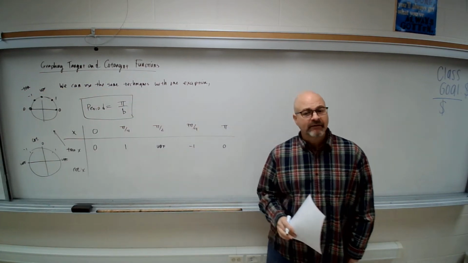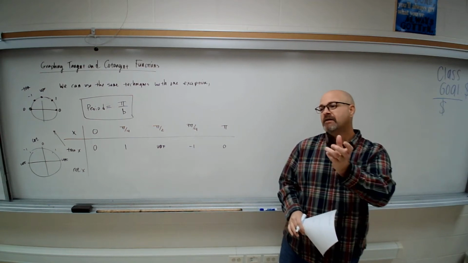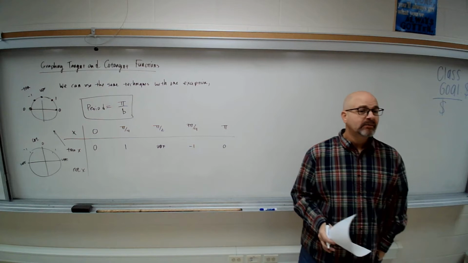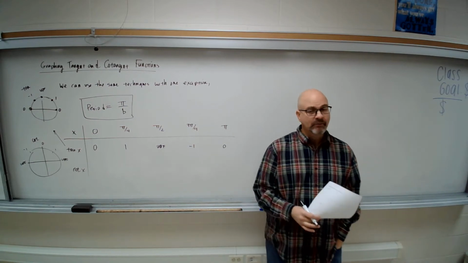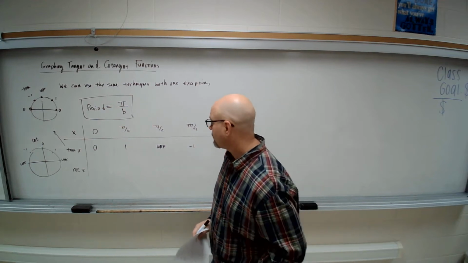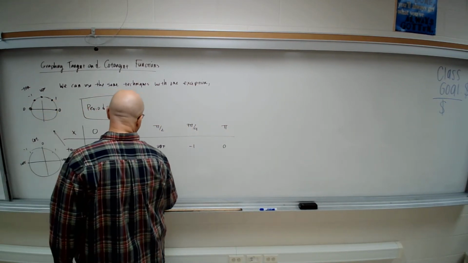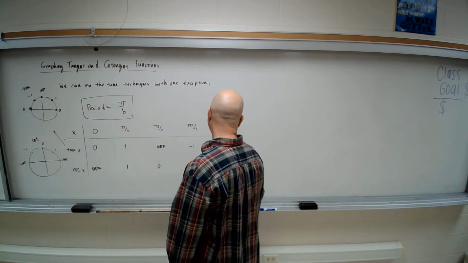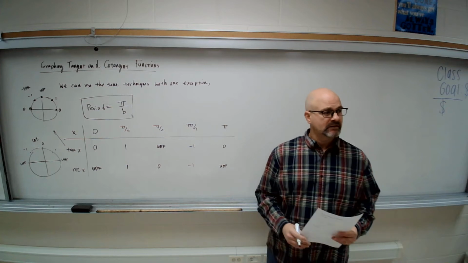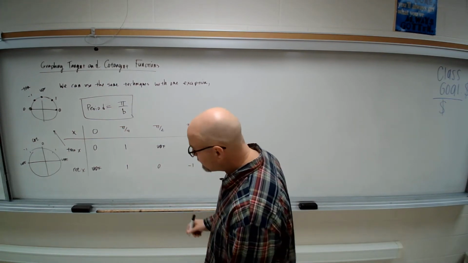When we're looking at values around the unit circle, we can think of 0 and undefined as being reciprocals. That's not always the case, but it is a convenient thing we can think about when doing these trig values based on the unit circle. Everybody doing okay so far? So hopefully we knew those values.